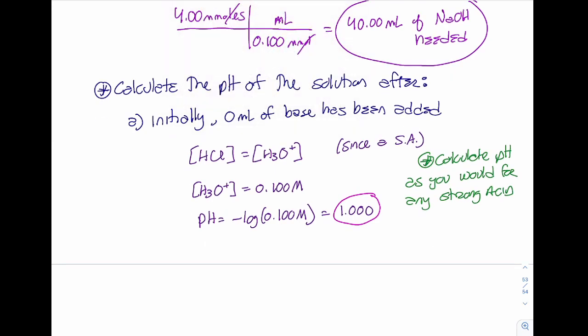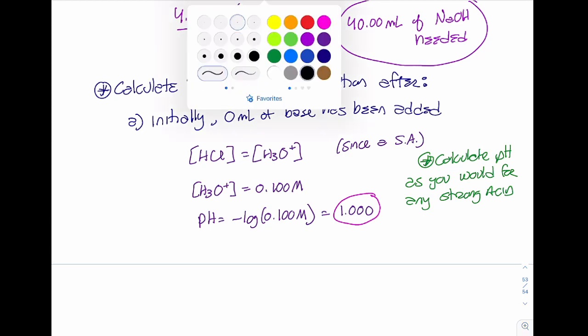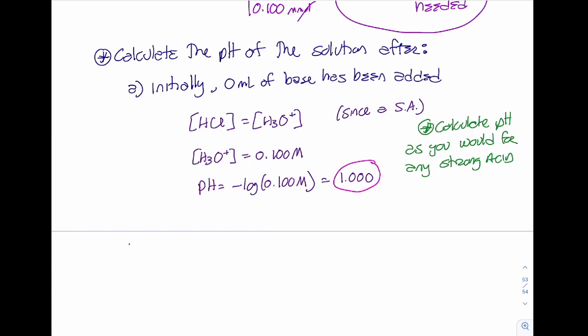Our second point is we're going to calculate the pH after we've added some base, but before the equivalence point. So for this one, let's calculate it after 10 milliliters of sodium hydroxide has been added.